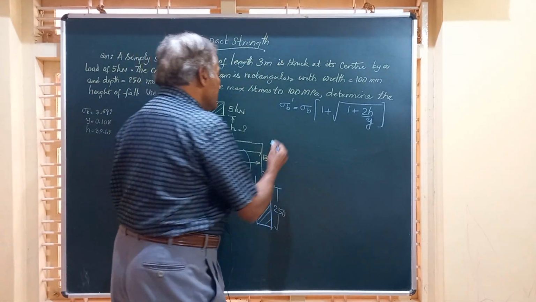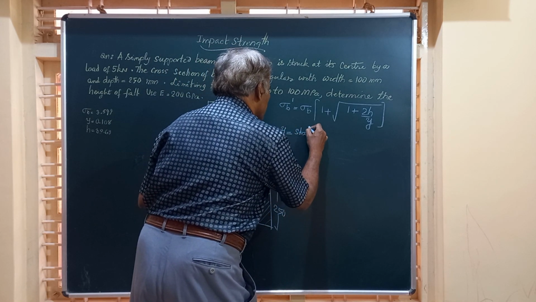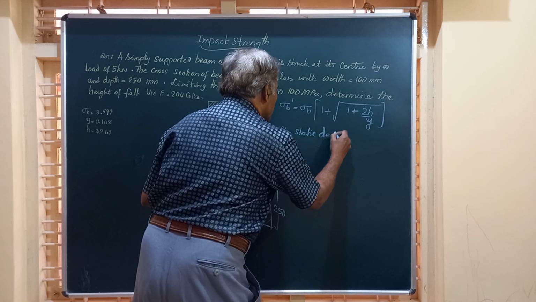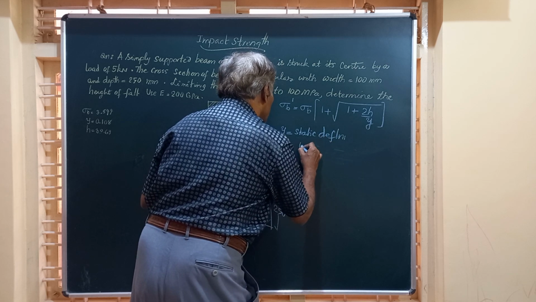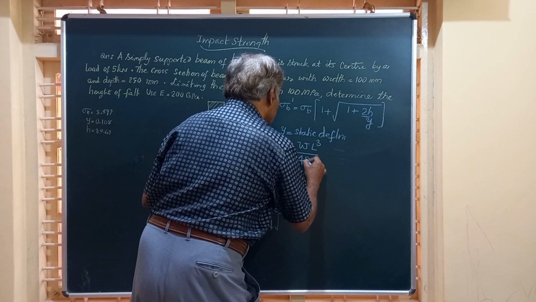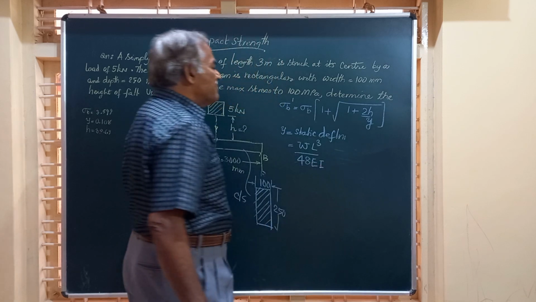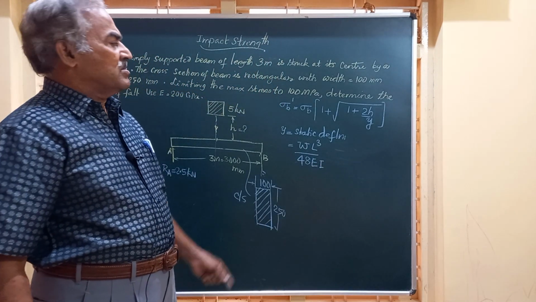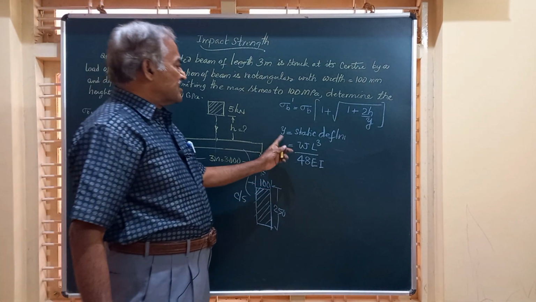Y is the static deflection of the beam, and that is given by WL cube by 48 EI. These are all fundamental equations, and every one of us should remember them without fail.